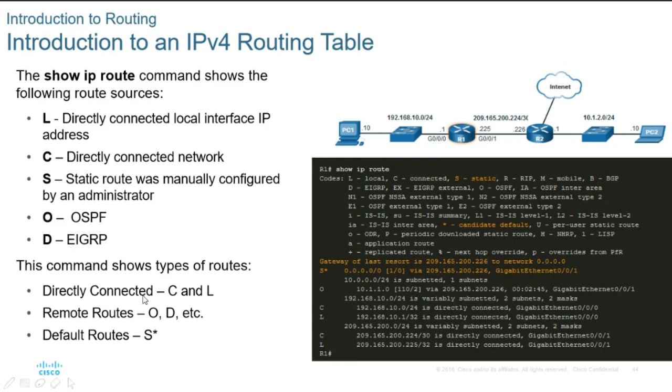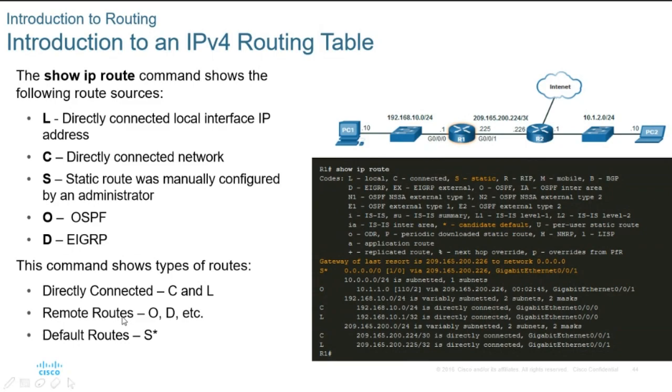Directly connected, in the example, are the C and L. For example, the C is 192.168.10.0, directly connected in GigabitEthernet 0/0/0. Also the local one is the dot 1, 192.168.10.1.